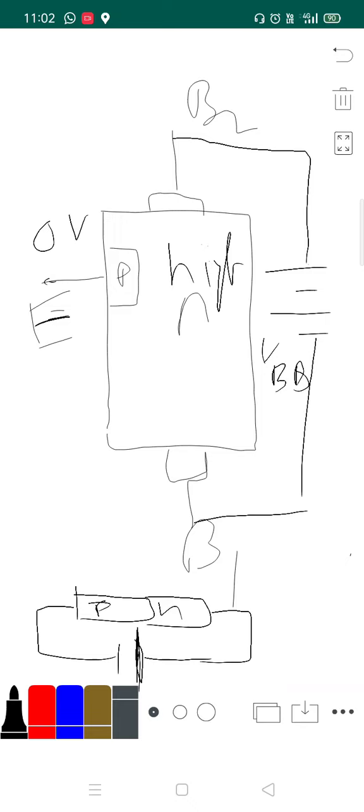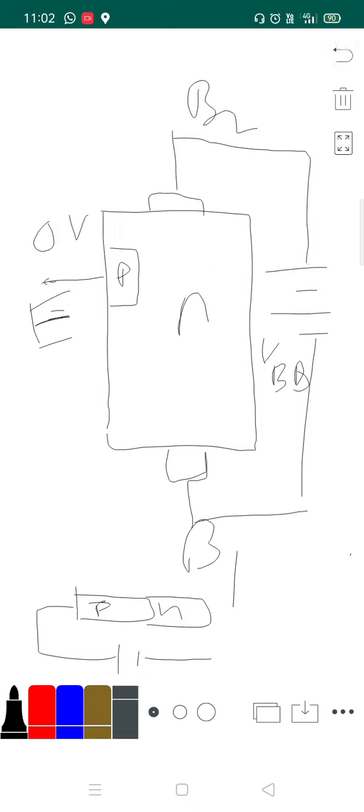Here the potential at the emitter is 0 volts, but at base B2 the N-type material has higher potential. So this configuration is reverse biased.